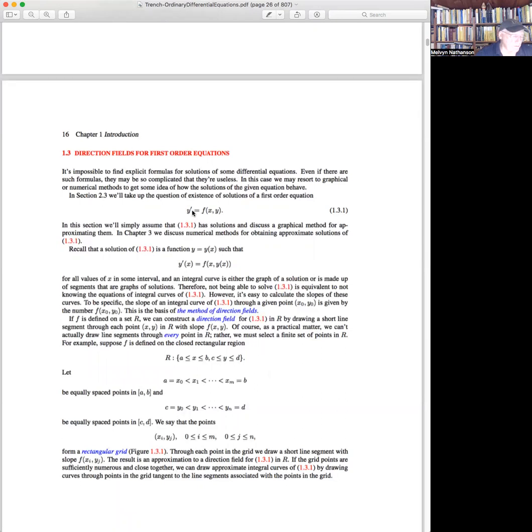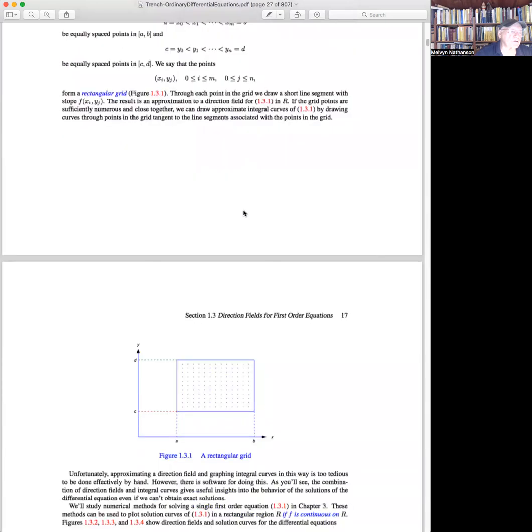You learn immediately in first semester calculus that it is the slope of the tangent to the curve y at the point x, y. So if you think of a curve that's a solution of this differential equation, at the point x, y, the slope of that curve, dy dx, is f of x, y. So you could imagine drawing a picture.